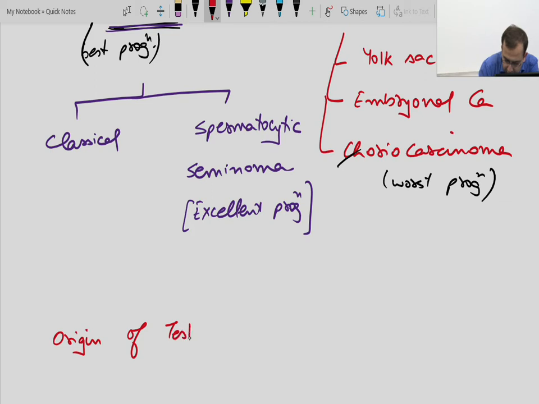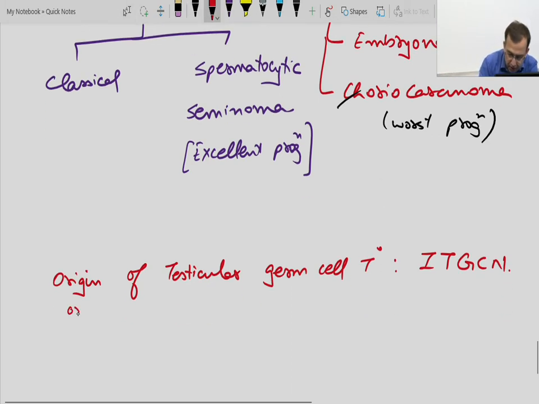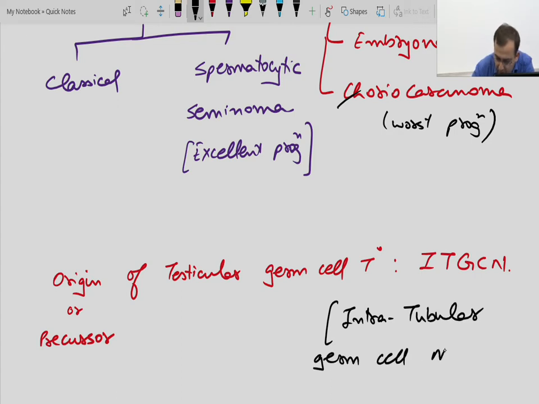Next point, let us leave one line below this and then write the origin of testicular tumors. The origin, or the precursor lesion, of testicular germ cell tumors is ITGCN. ITGCN stands for intratubular germ cell neoplasia.